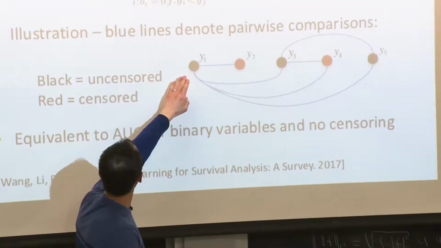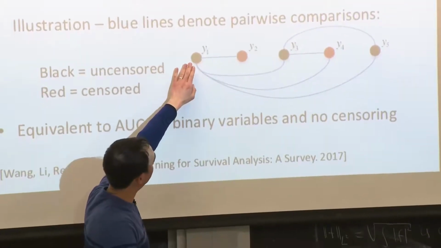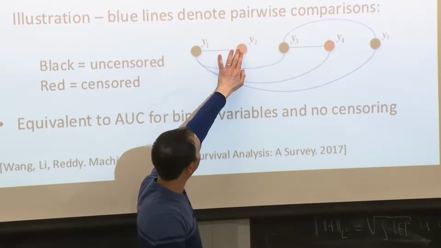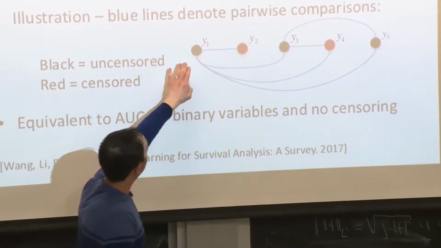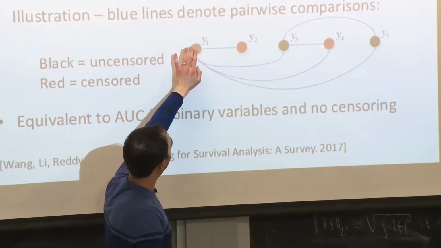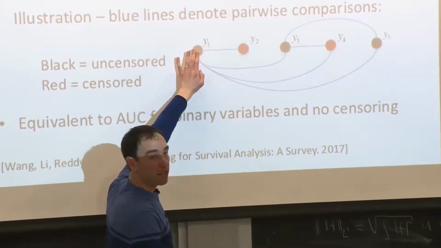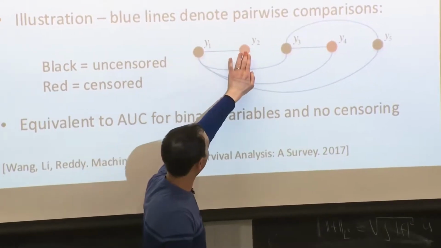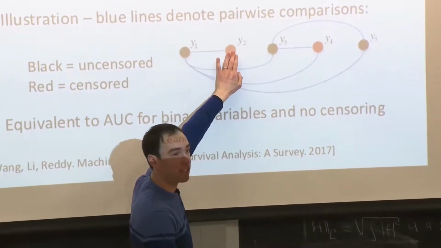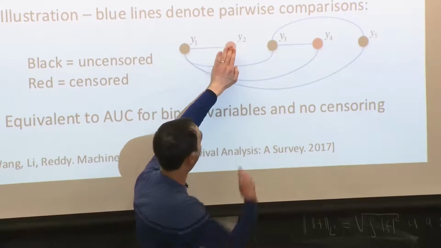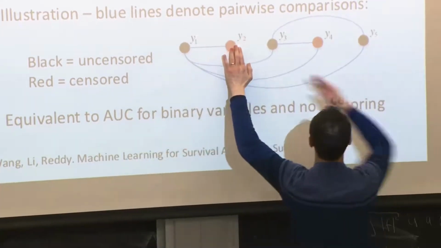So by black, I'm illustrating uncensored data points, and by red, I'm denoting censored data points. Here we see that for this data point, the event happened before this data point's censoring event. Since this data point was censored, its true event time you can think about as sometime in the far future.